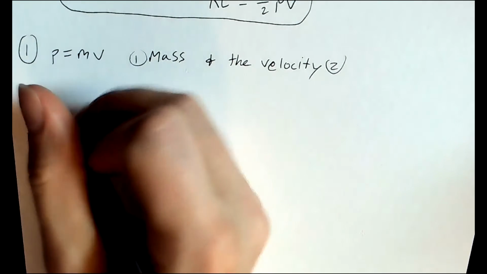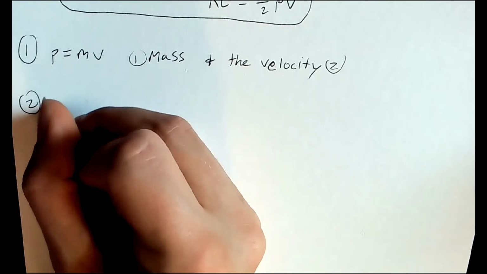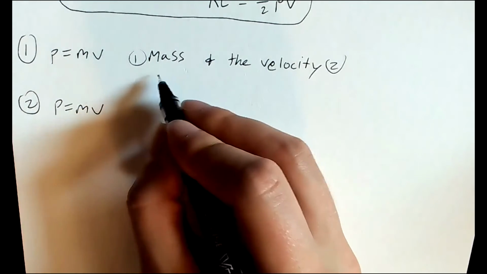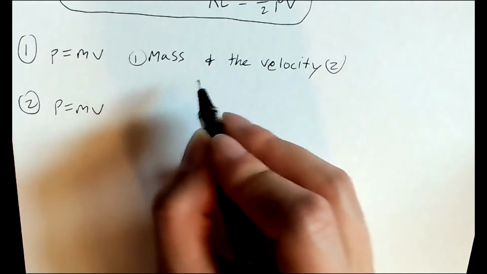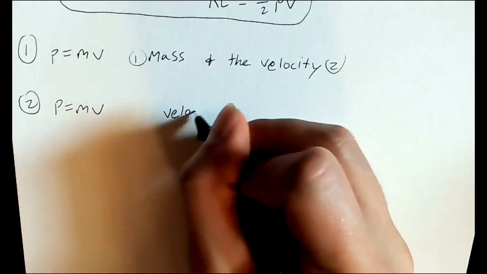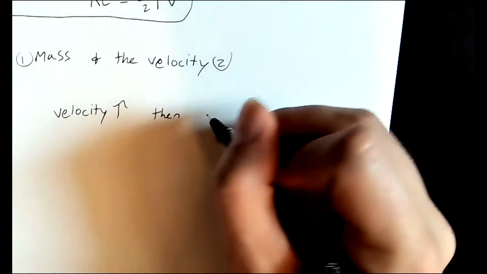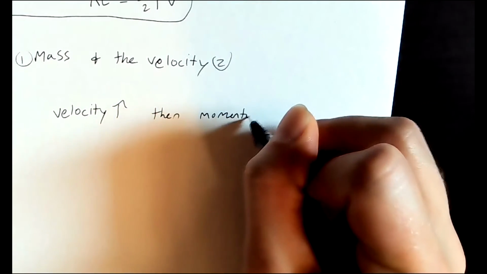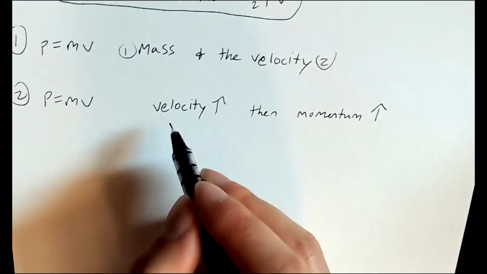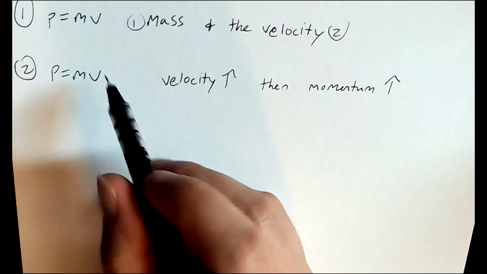You're going to be given multiple choices, but if we look at momentum, and we know it depends on these two quantities, if the velocity of an object increases, then momentum increases as well. If V goes up, then P has to go up.